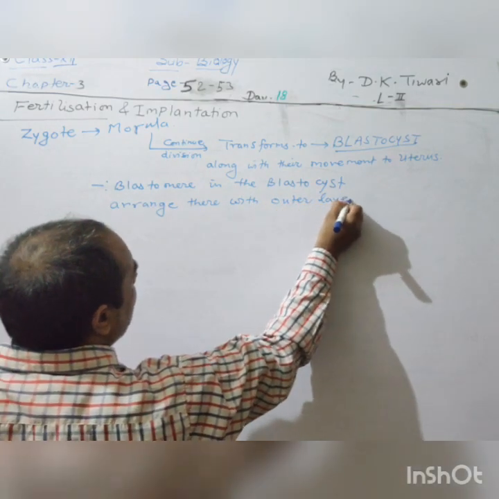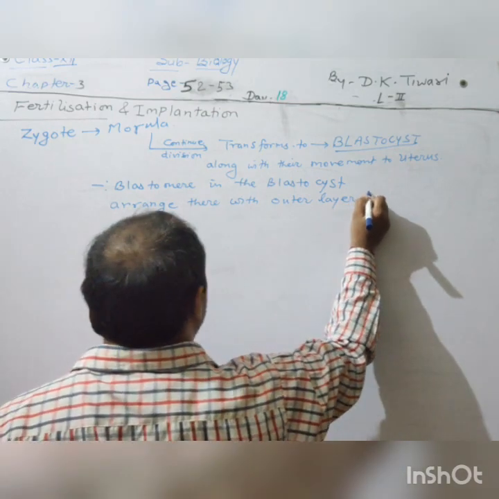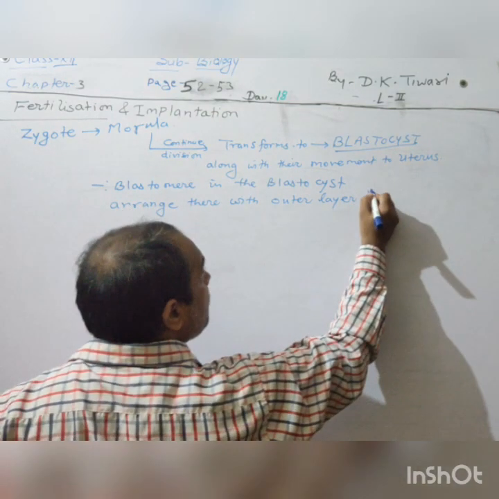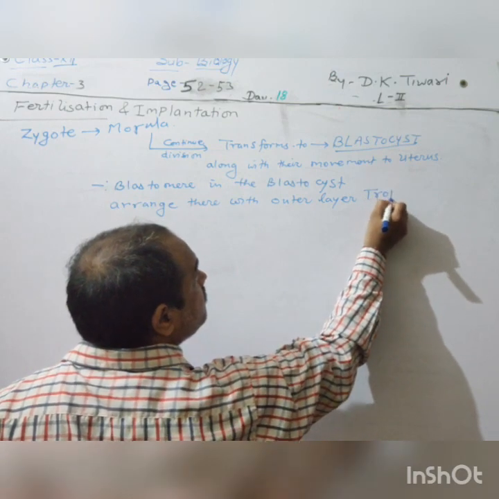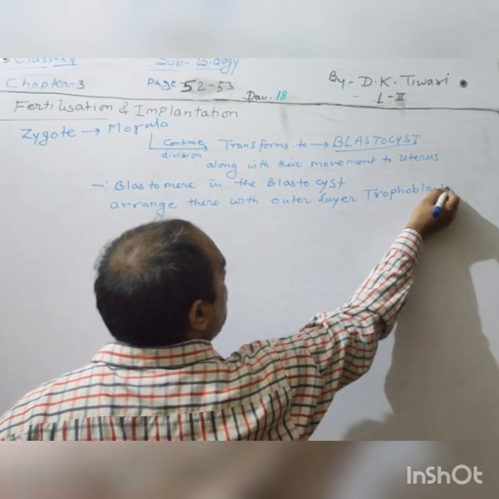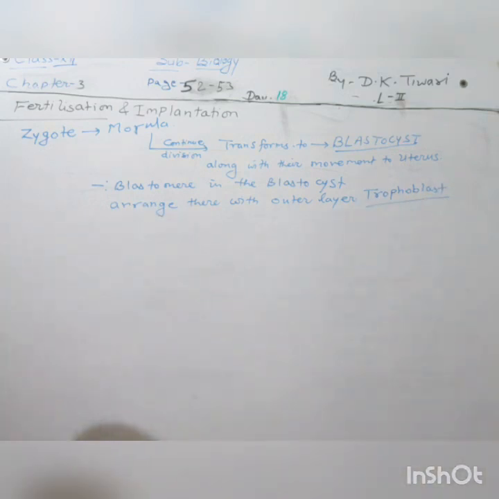That specific outer layer is called the trophoblast. Now, the trophoblast will have a specific function here.